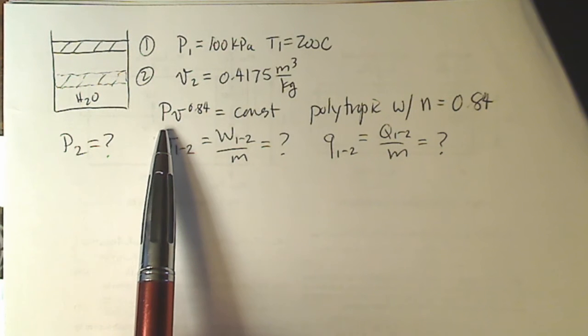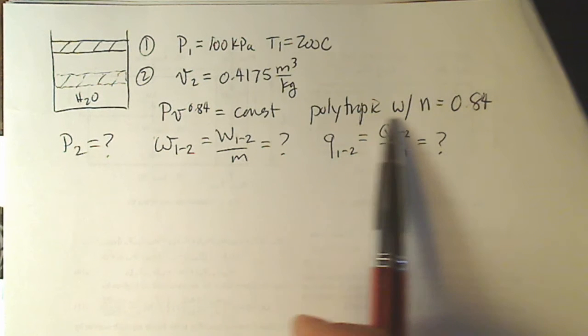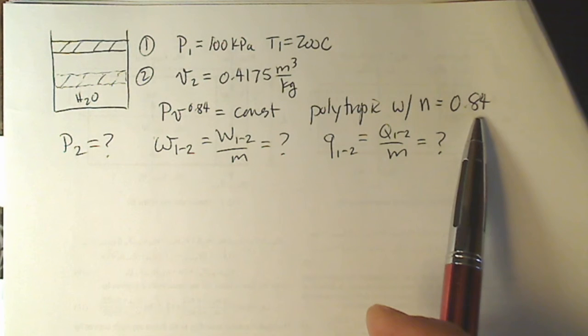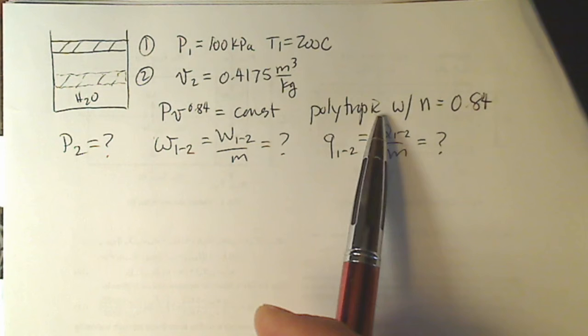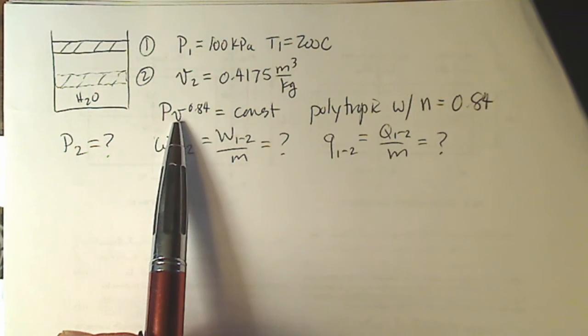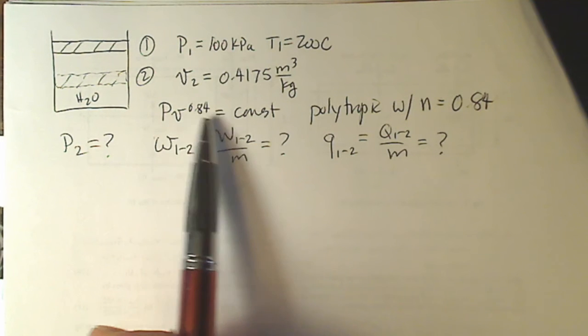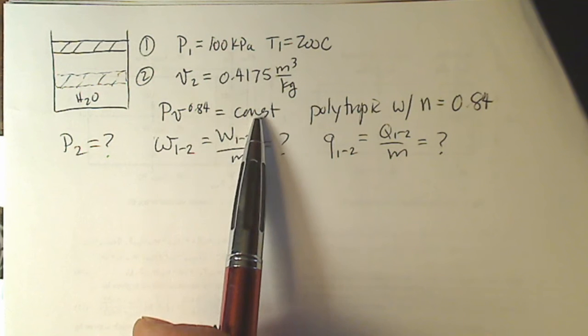What's given or known about this process is that this is a polytropic process with the exponent n equal to 0.84. So polytropic, by the way, means that PV raised to an exponent is equal to a constant.